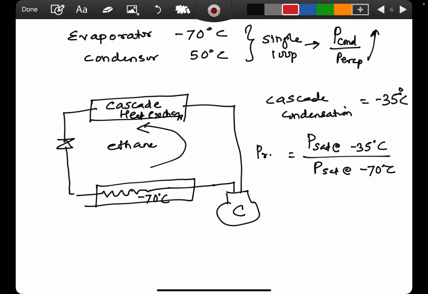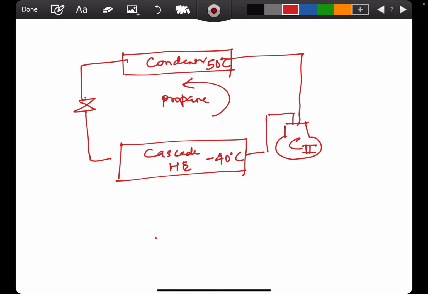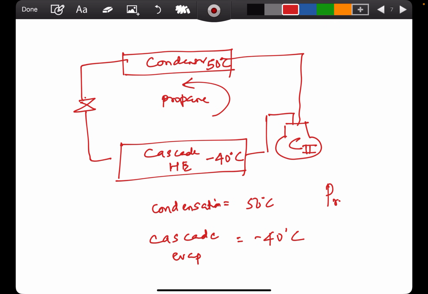So cascade evaporation for the high temperature cascade happens at minus 40, and condensation happens at 50 degrees centigrade. So the pressure ratio of this would be P sat, saturation pressure corresponding to 50, upon saturation pressure corresponding to minus 40.